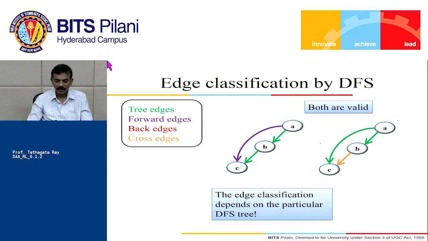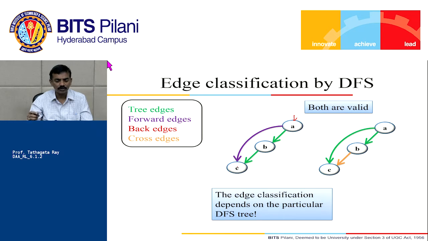So just have a look. I got this graph ABC. Now in this graph ABC, first I said, okay, we will start with A, and then we will go to its unvisited neighbor. So we went to B, and then from B we go to its unvisited neighbor C, and then we saw that there are no other unvisited neighbors of C, so C is done.